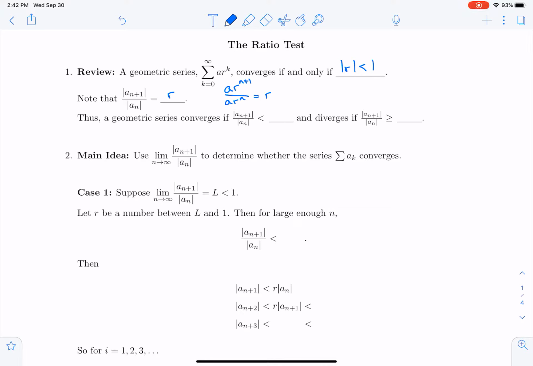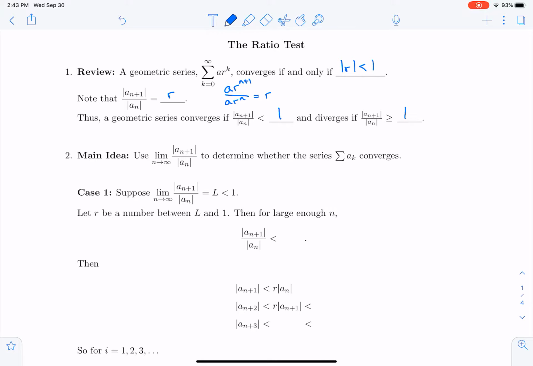So another way to write the geometric series test is that a geometric series converges if the ratio of the terms a_(n+1) over a_n is less than 1, and it diverges if the ratio of the terms is greater than or equal to 1.